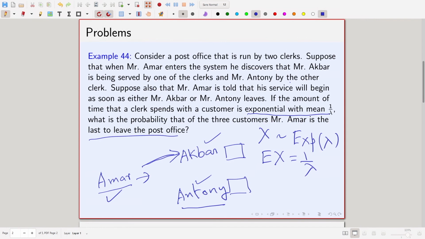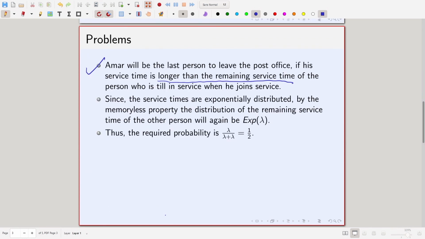It is also possible that not Mr. Akbar but Mr. Antony leaves first, but then Amar will come to this clerk and then again the comparison will be between Amar and Akbar, fine. That person can be either Akbar or Antony, it does not matter, but who is still in service when he joins.